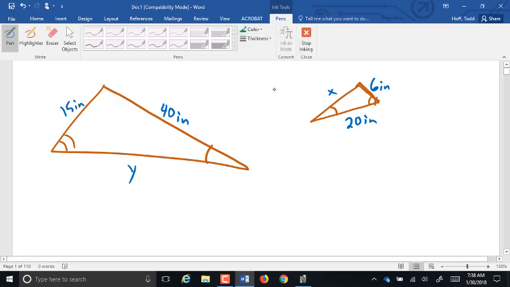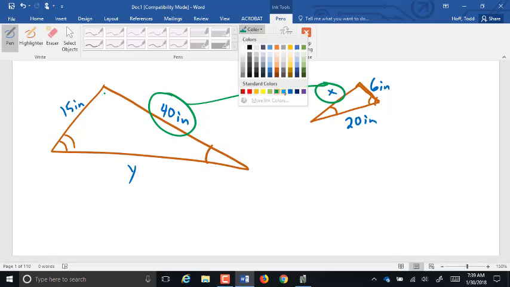First thing we have to do is figure out which sides correspond. So starting over here, the 40-inch side in the larger triangle, which side corresponds to that in the smaller triangle? The X does. They're both between the angle marked with the single arc and the unmarked angle. So they're both between the same two angles, they have to correspond.